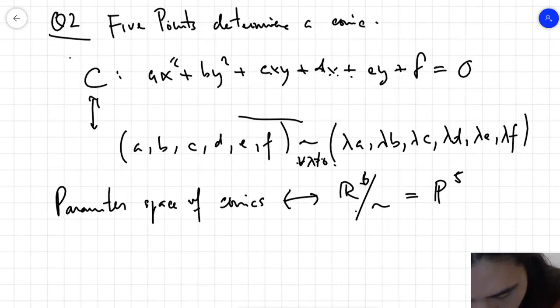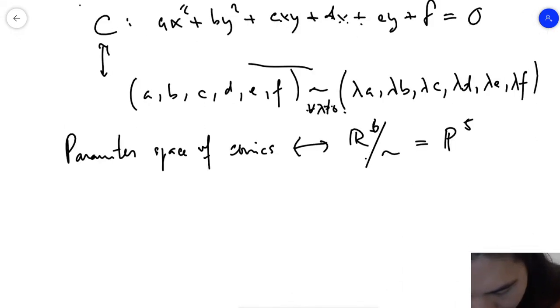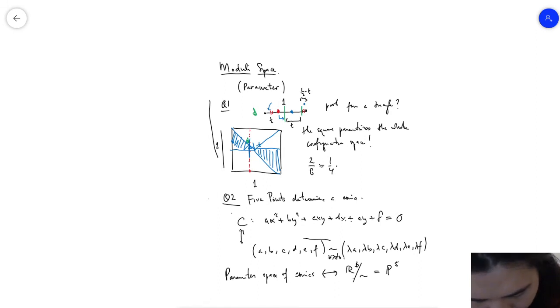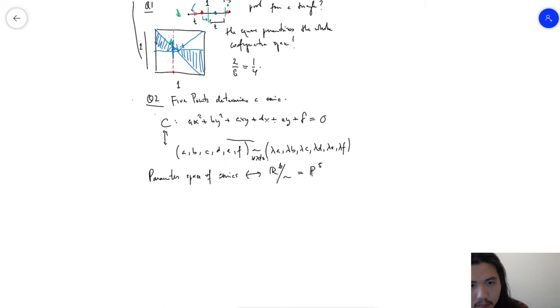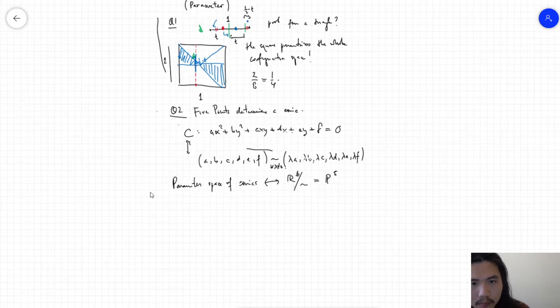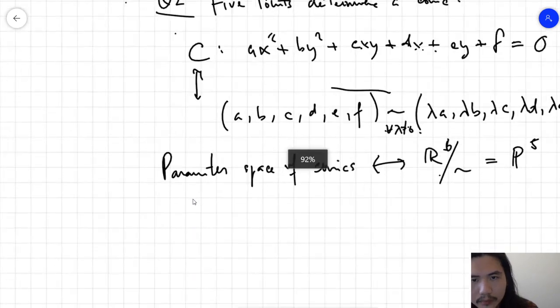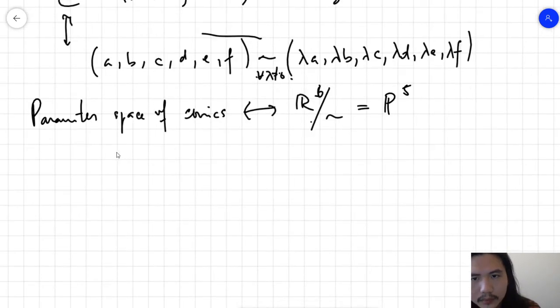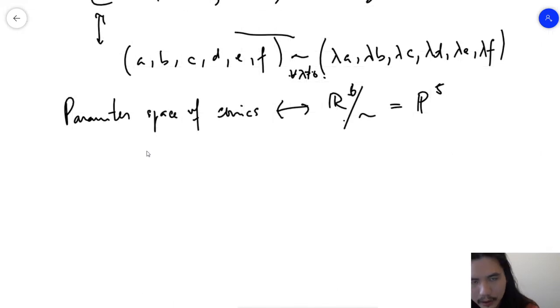So what does it mean for a conic to pass through a point?